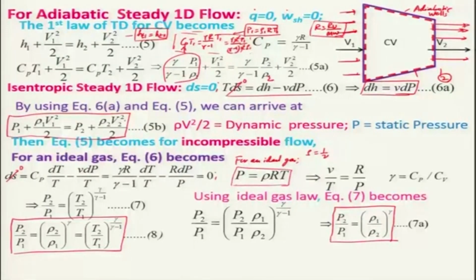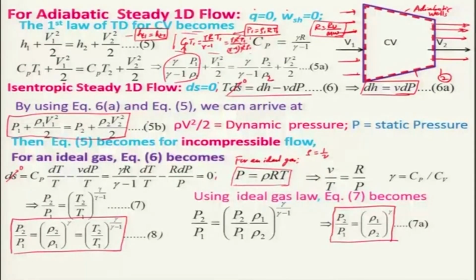We have derived equation 5b, which is the Bernoulli's equation, from equation 5, which is the energy equation. So the momentum equation and the energy equation are the same, particularly for one dimensional steady flow. Keep that in mind.